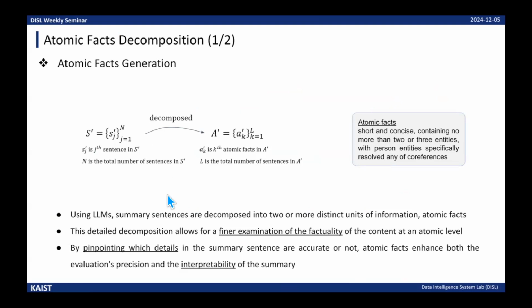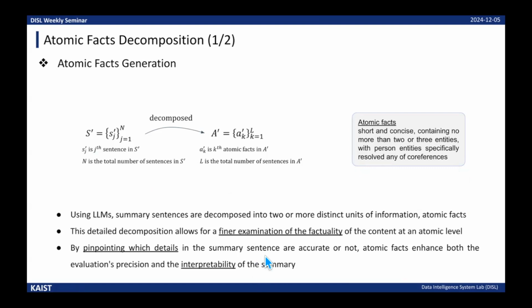Atomic fact generation is performed on the summary S', creating A' for the sentences in S'. The paper defines atomic facts as follows. They are short and concise sentences that contain at most 2 or 3 entities. We represent person entities specifically using explicit named entities rather than pronouns.